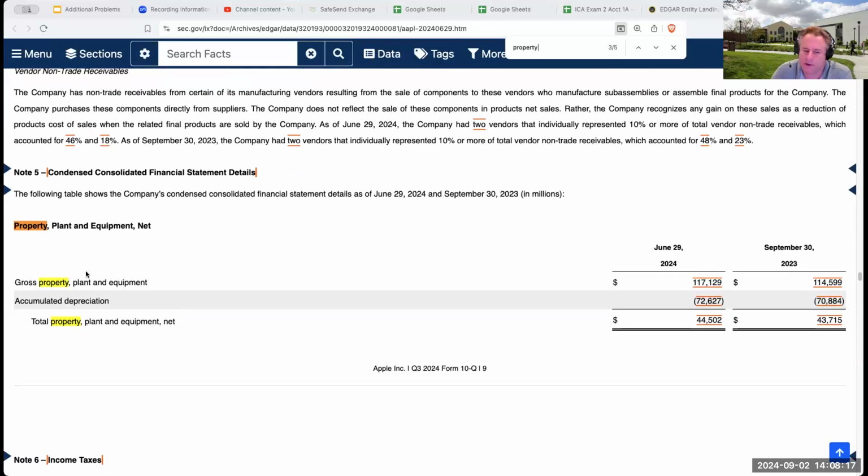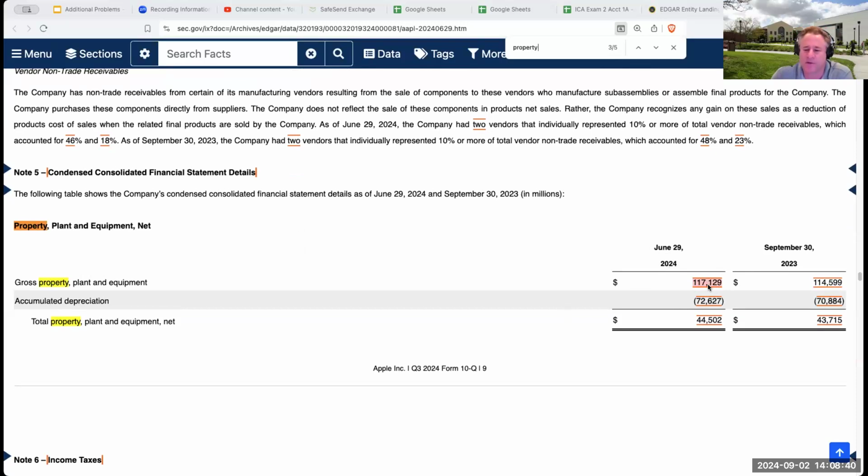So right over here, you see gross property, plant, and equipment, meaning that Apple, through June 29th, 2024, has purchased 117 billion worth of property, plant, and equipment. Now they may have bought some that they later sold, so it wouldn't be included in that.